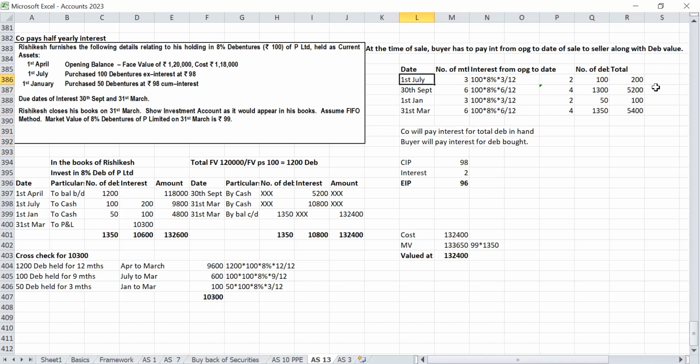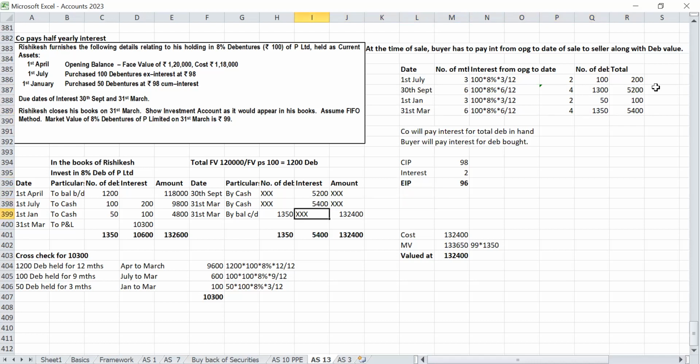At the time of purchase, on first July I am purchasing, so I will pay interest only for 100. First January I am purchasing, I will pay interest only for 50. But when the company is paying interest, it will pay for total debentures in hand. So total debentures in hand 1350 into 4, 5400.